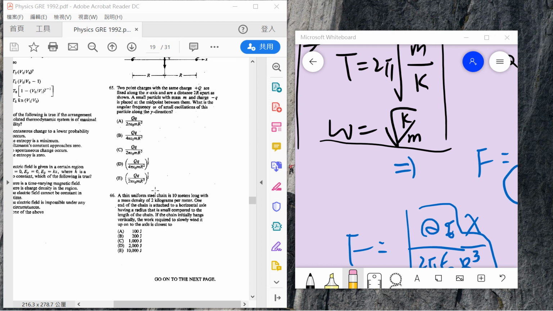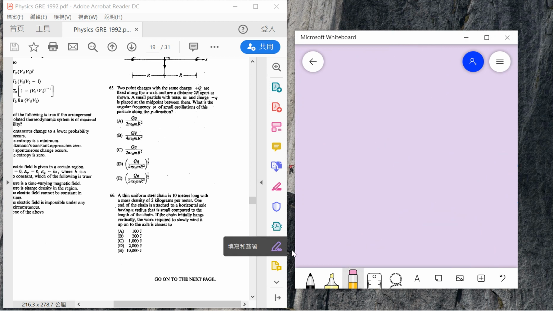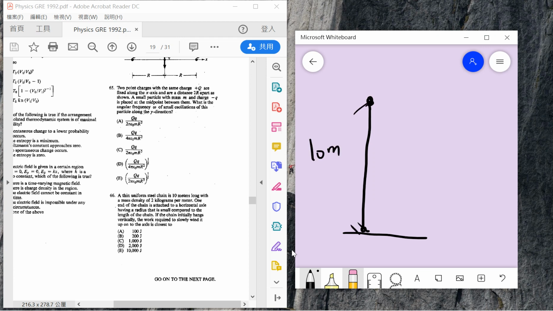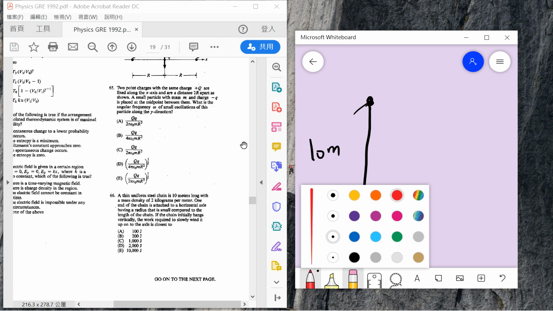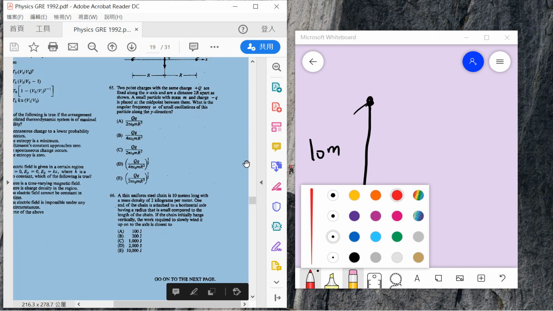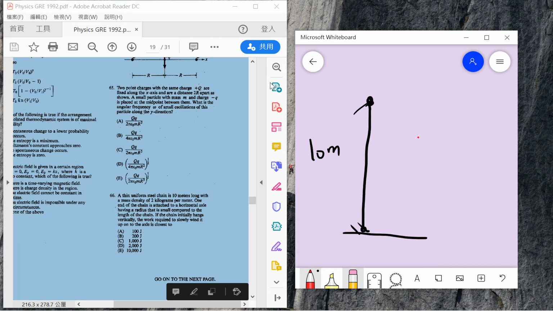Okay, 66. 66 says that there's a thin uniform steel chain. So basically, you have a chain. He said what? 10 meters, right? 10 meters, and 20 kilograms per meter. So total is 20 kilograms.